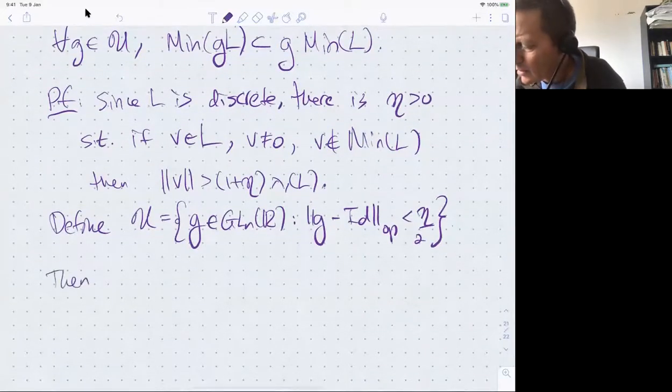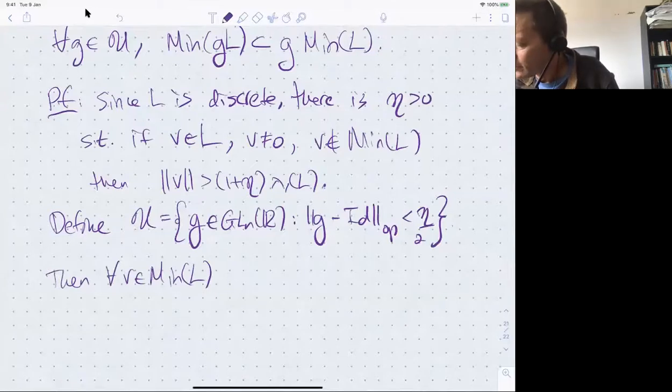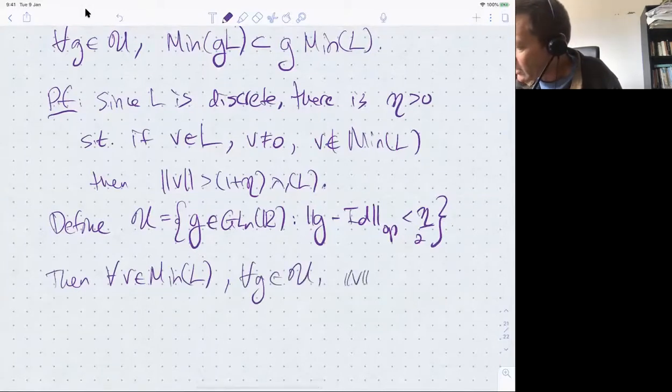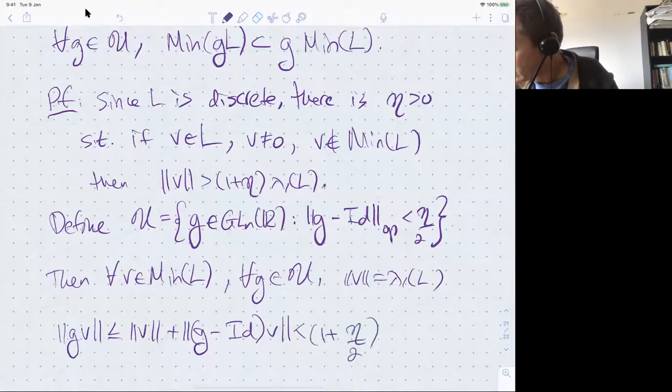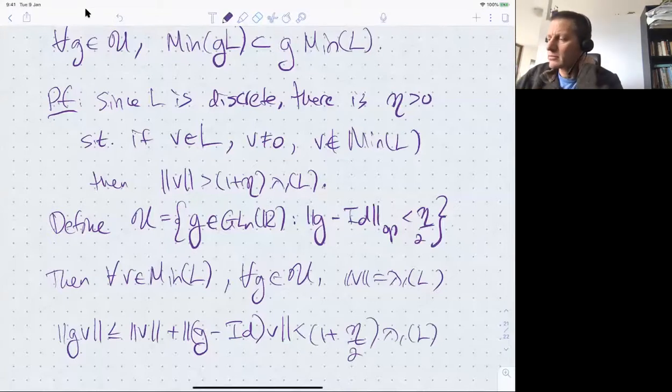Then for all minimizers, if v is a minimizer of L and G is an element of U, then the length of v is lambda 1, and the length of Gv is, by the triangle inequality, strictly less than this.